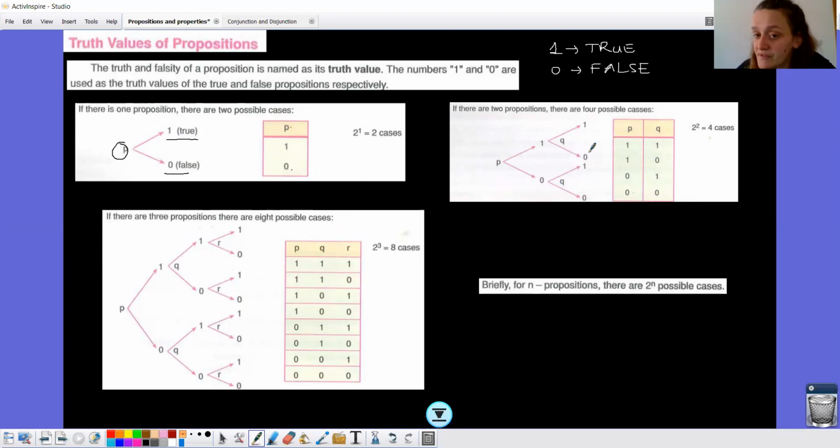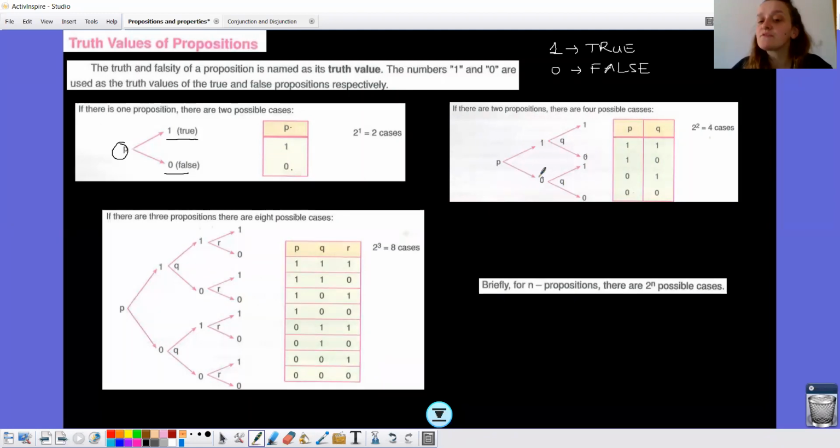If we have two propositions, we will have 4 possible cases. What will they be? For the first proposition, we have 2 cases, yes? It can be true or false. For the second one, if the first one is true, again we have 2 possible cases.